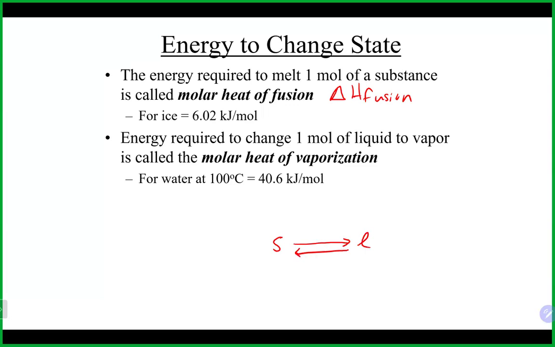And for the case of water, that's 6.02 kilojoules per mole, which roughly works out to about 335 joules per gram, give or take.